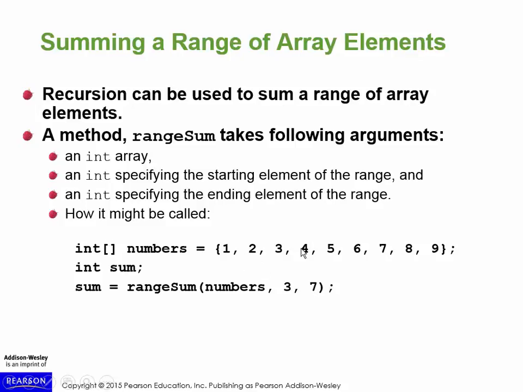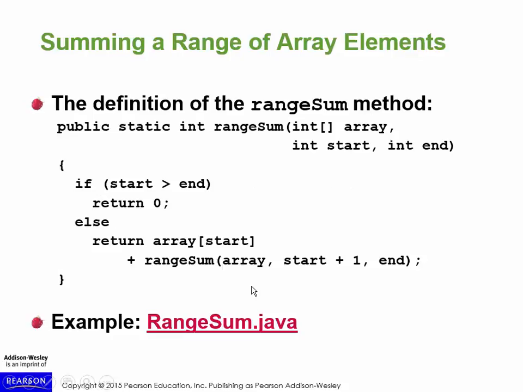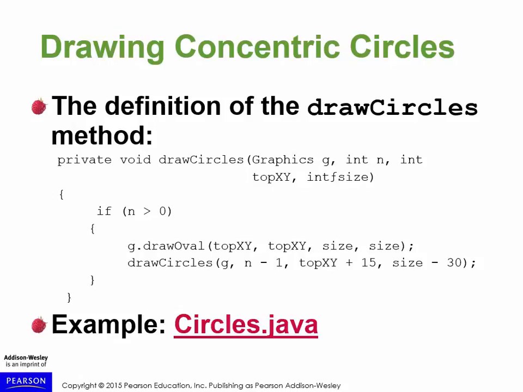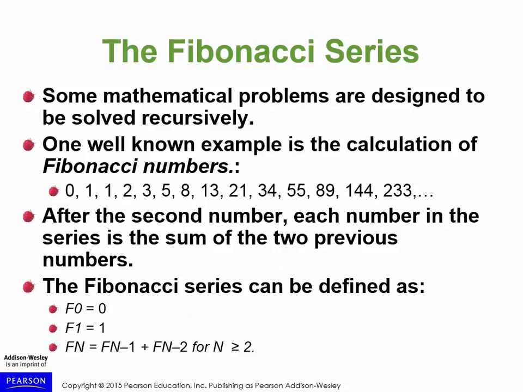So that's 0, 1, 2, 3, 4, 5, 6, 7. So you'd be able to add up all those array elements as an example. There's another one in here for drawing concentric circles, so circles within circles.